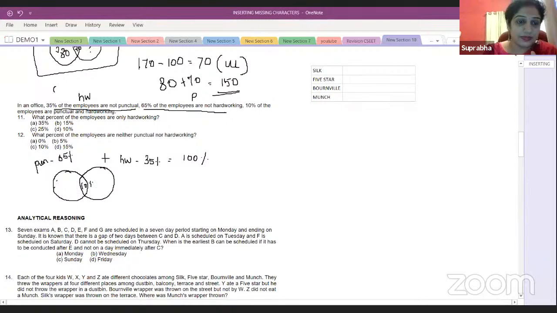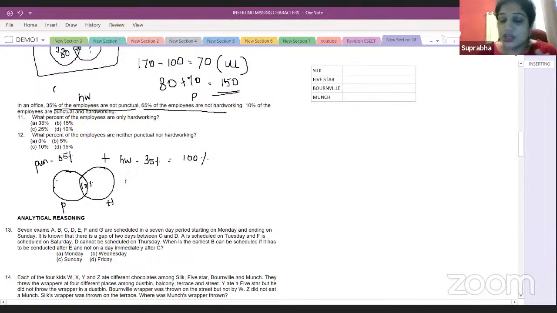I hope it is clear so far. Now, if I take this as my punctual and this as my hardworking, already 65% are punctual, as we said, which includes your 10% also, because it is the total strength. Out of 100%, 65% are punctual, which includes the 10% who are in both.